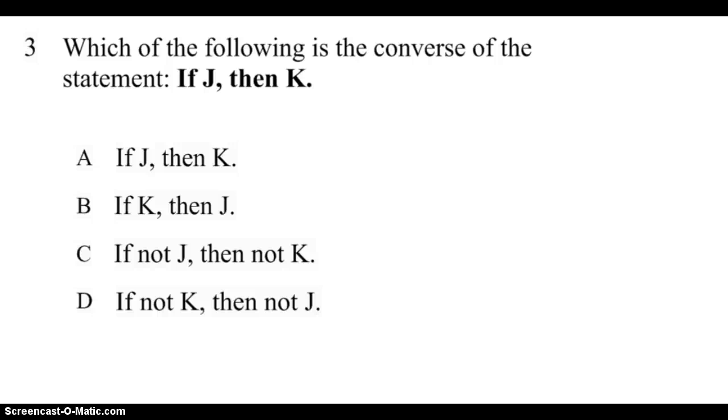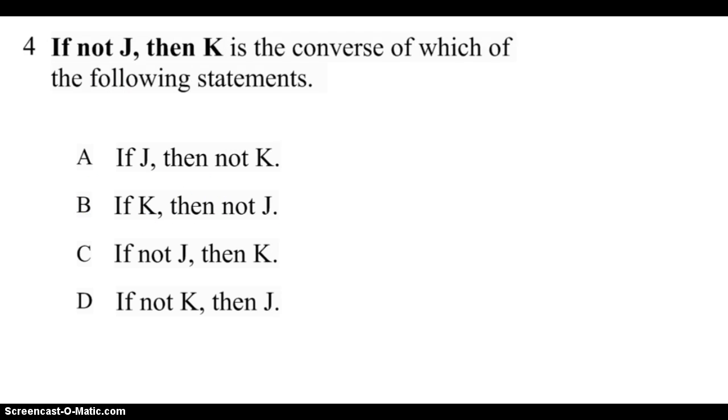Let's look at this. If you pause the video for a second, if the following sentence said if J, then K, what would be its converse? If you remember, converse switches the if and the then. So it would be if K, then J. So B would be my correct answer. Take a second, pause the video, and see if you can answer this.